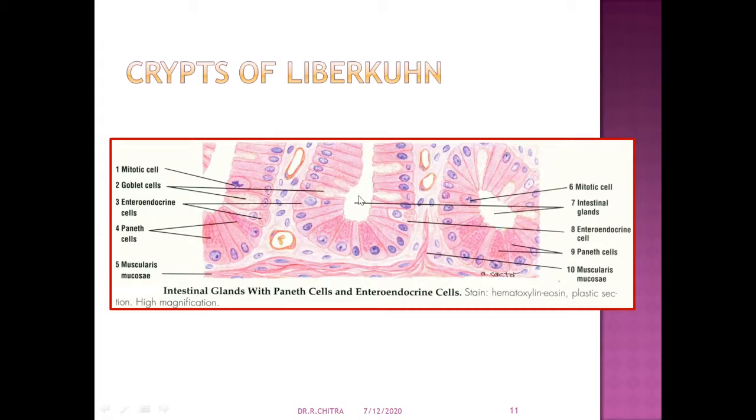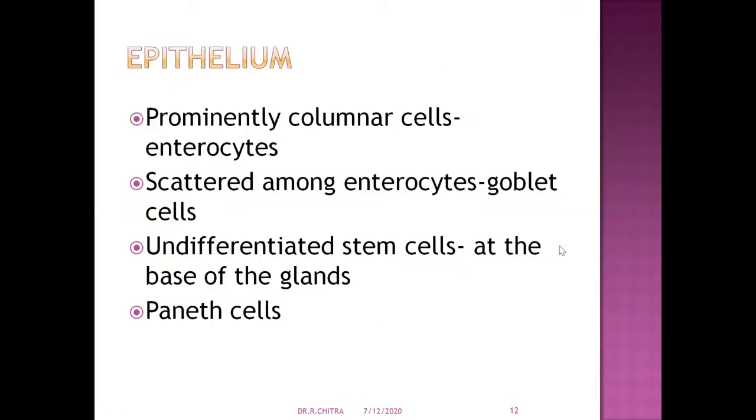In this picture you can see many types of cells in the crypts of Lieberkühn apart from the columnar epithelium. You can note the types of cells: goblet cells, Paneth cells, and even enteroendocrine cells. Now we will see the types of the cells also. So we have covered the modifications of the small intestine.